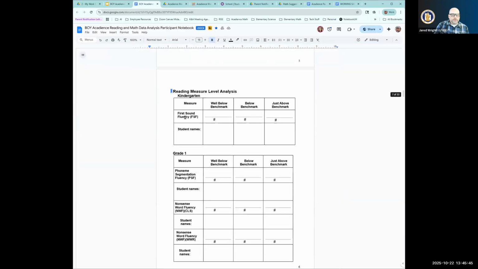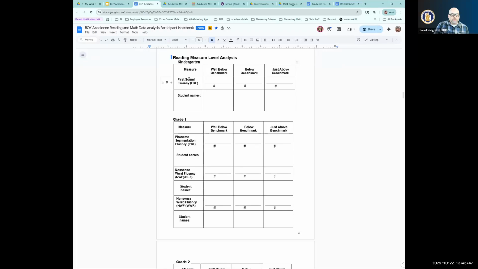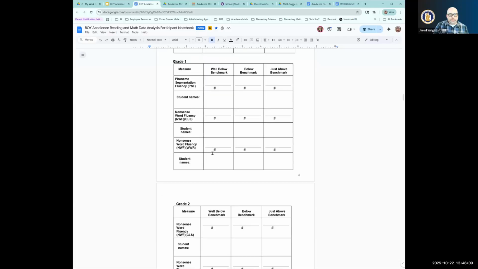So as you're going through, you have the measure level. It's broken out by grade level, and then the different measures that are given or probes given within that grade level. So depending on whatever class you're choosing, go to that particular grade level, and then you have the different measure level data that you can add.